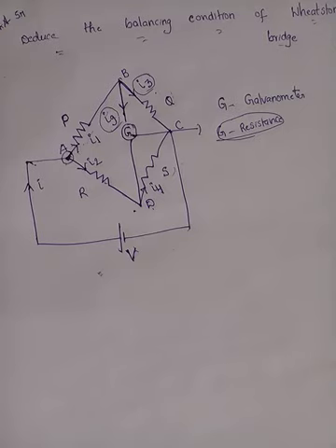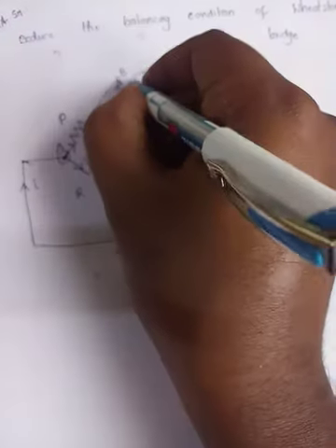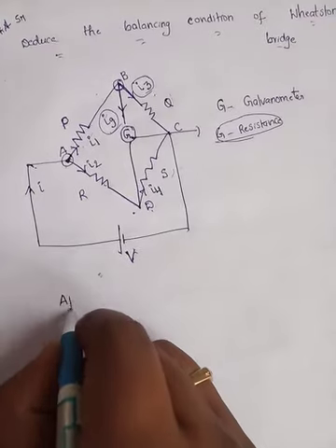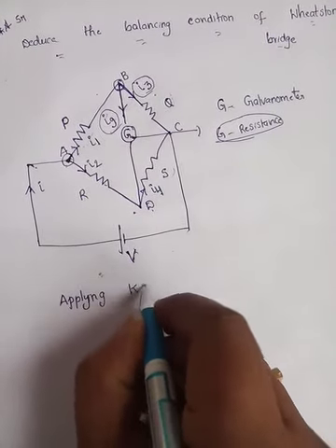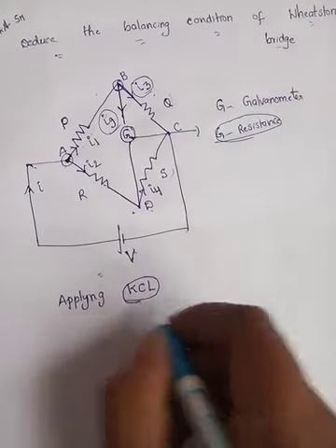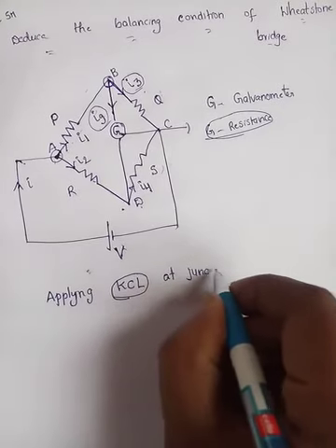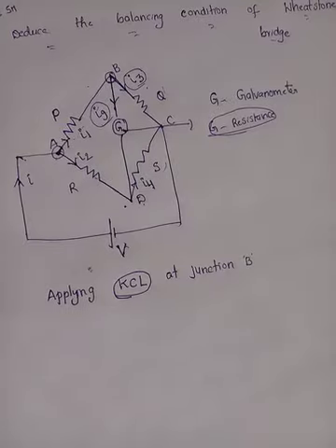Now we have to apply Kirchhoff's current law as well as voltage law here. Where can we apply? Here we got one junction, where more than two conductors are meeting. So applying Kirchhoff's current law, KCL, at junction B. What is Kirchhoff's current law?